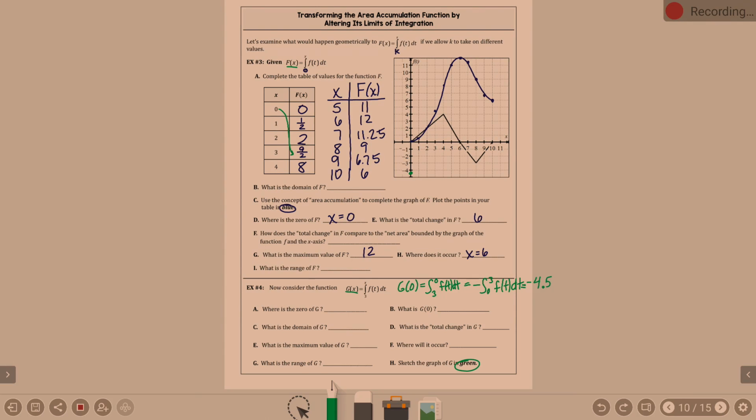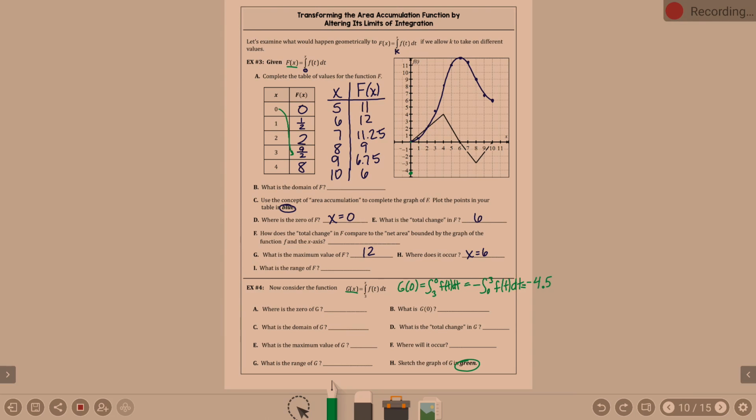What is the 0 of g? The 0 is when it touches the x-axis, yes? Think ahead. When is this integral going to equal 0? When I put what x value in? Look at g here.